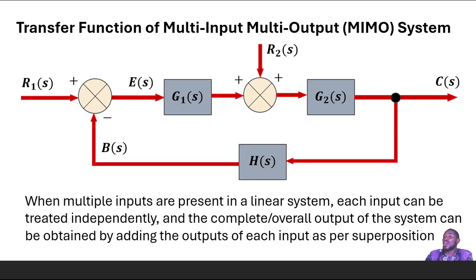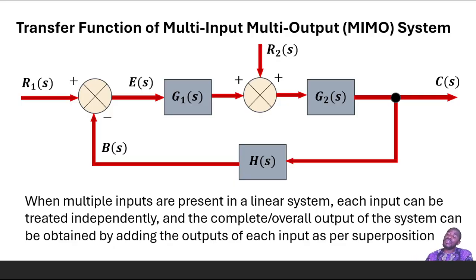What we do is we isolate one input and find its output independent of the other inputs, and then we take turns like that. So if there are three inputs, we'll find the output of the first input, freezing the other two inputs.